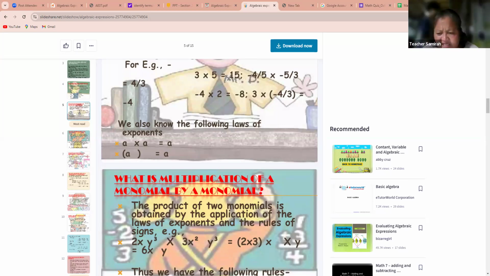Who can give me the answer? We are talking about laws of exponents here, and specifically that would be the product rule. So what would be the answer if we multiply a squared times a cubed?